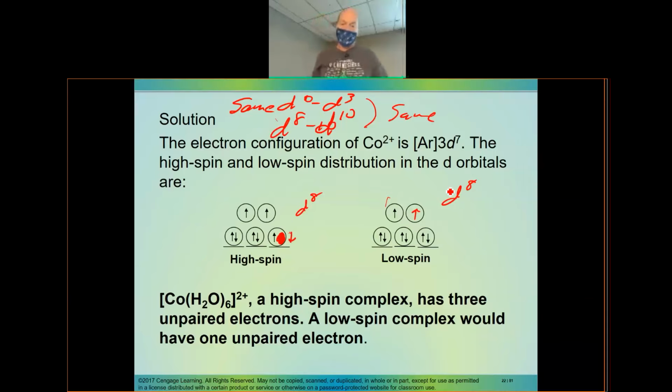And in d10, both would have completely full orbitals. So the only difference we're getting for high spin and low spin is between d4 to d7. Those are the ones that are different. 0 through 3, 8 through 10, they would be the exact same configuration, regardless of high spin or low spin.